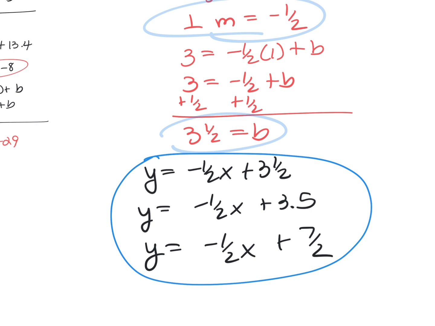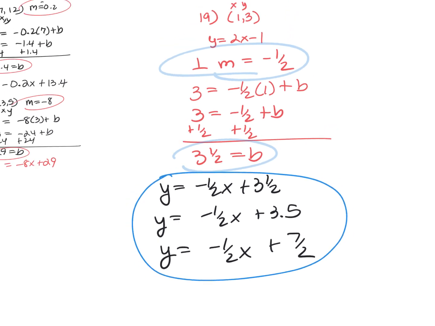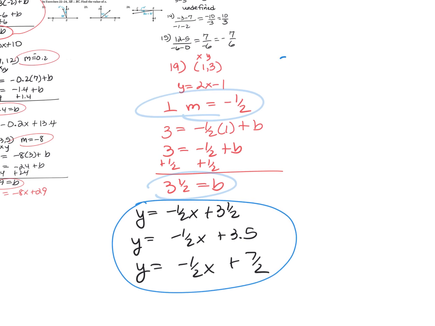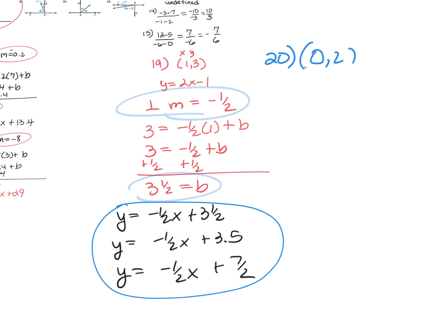And then the next one, number 20. They gave us an ordered pair, (0, 2), and they also gave us an equation, which was y equals negative x plus 3.